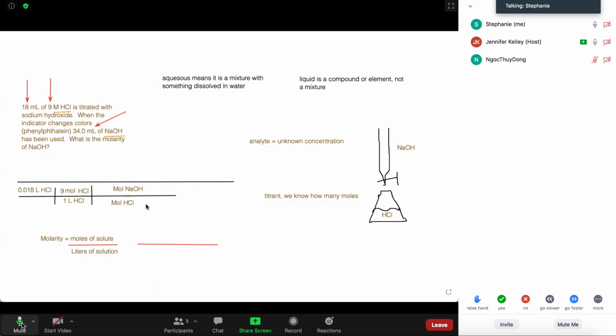Would we put 1 mole of HCl and then would we put the molar mass of the NaOH? That's a good guess. Actually, we're going to use the coefficients of the balanced equation. So we're going to write out the equation.